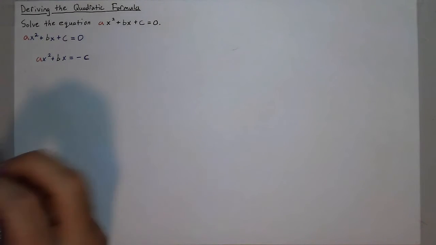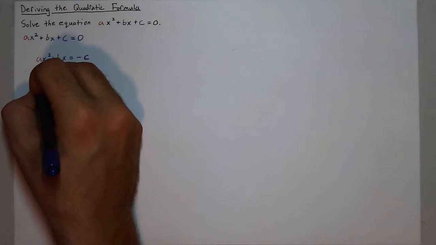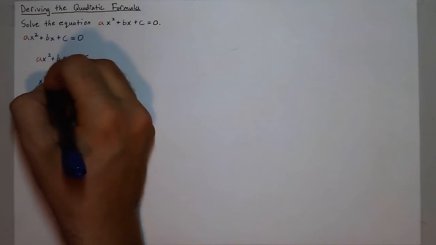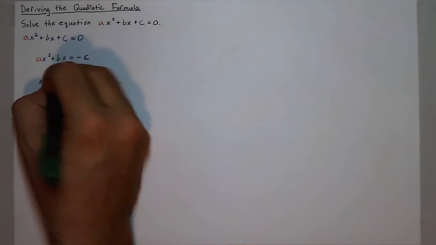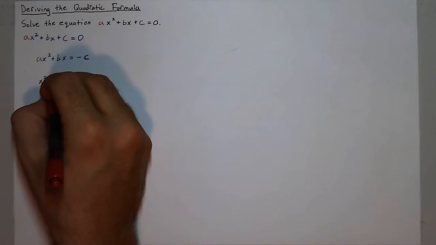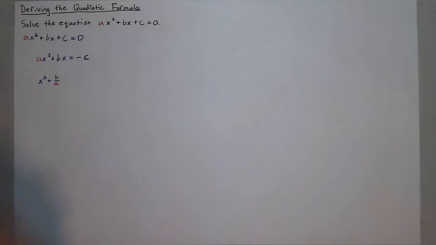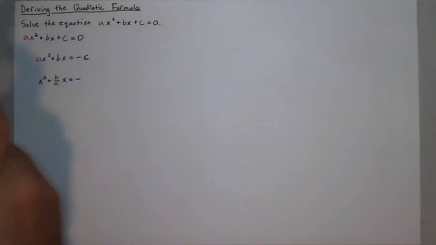So to do this, we'll divide everything by a, which will leave us with x squared plus b over a x is equal to negative c over a.